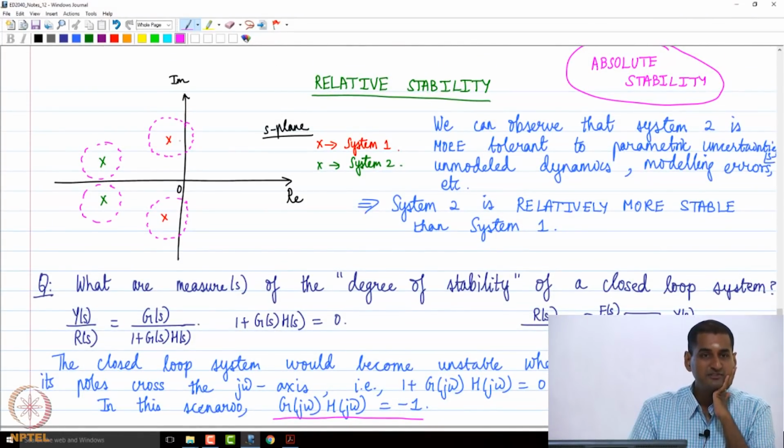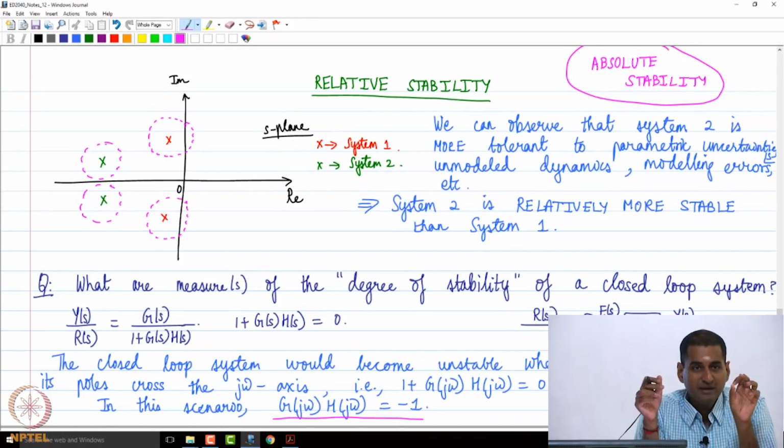You plot the Nyquist plot of system 1 and system 2, it may look like what I have plotted. Because the closer it is to the minus 1 point, if you perturb it, it can pass through minus 1. What does passing through minus 1 mean as far as the Nyquist plot of the open loop transfer function is concerned? That means that s equals j omega satisfies the closed loop characteristic equation.